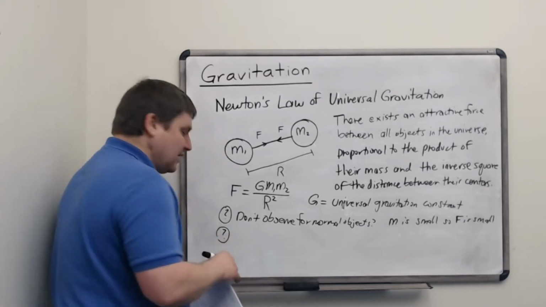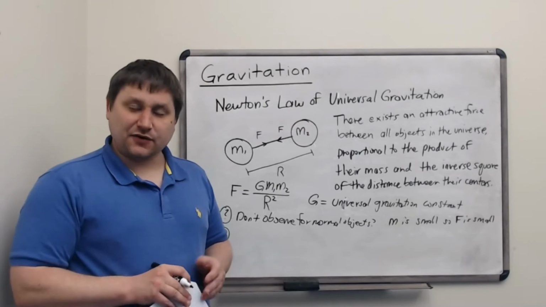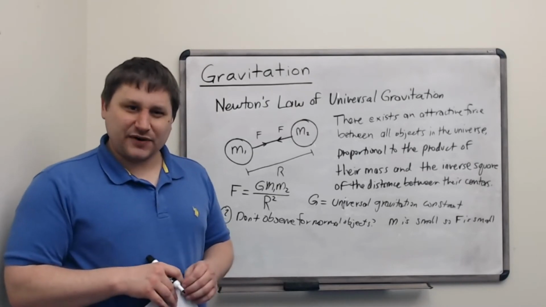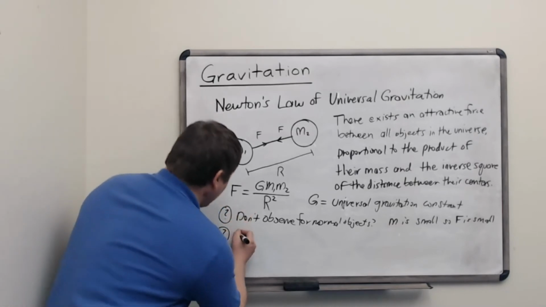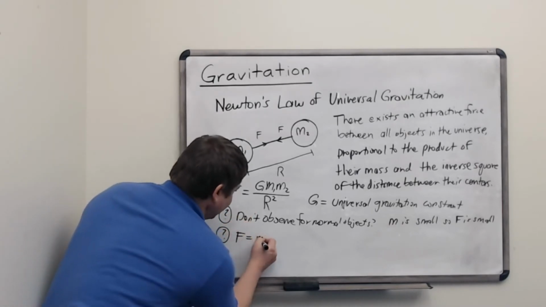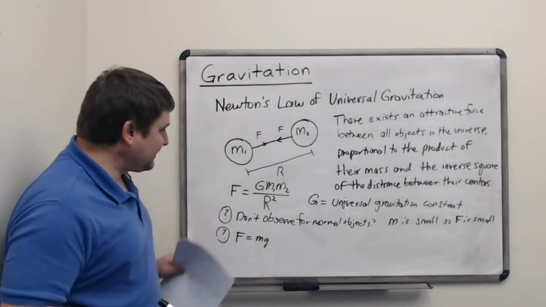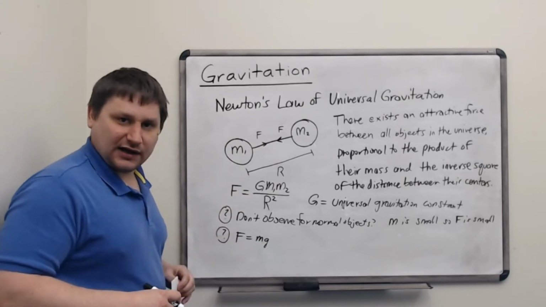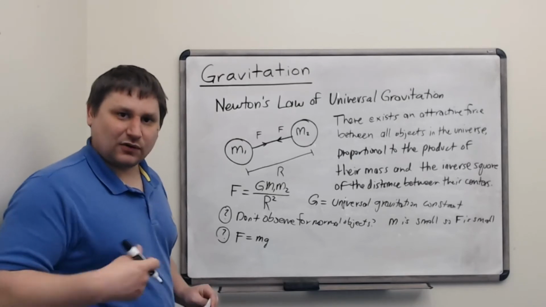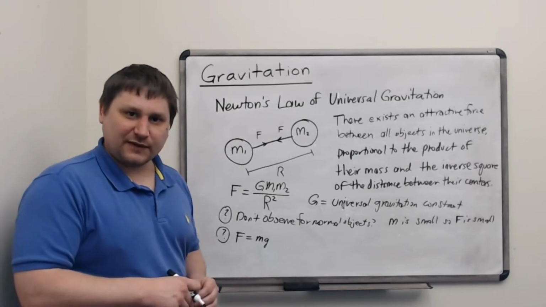Second question. We've actually been dealing with gravity for quite a long time, but we always are careful to say that it's near the surface of the Earth. And we use a formula, F equals mg. How can this formula for force be consistent with the formula we've been using all along, F equals mg? Do we have to totally change our way of doing things, or is one of them wrong?